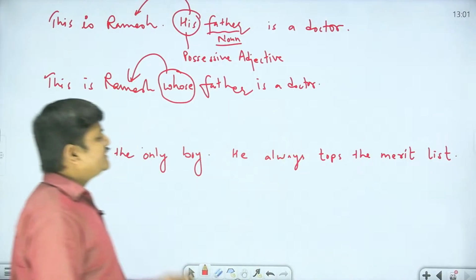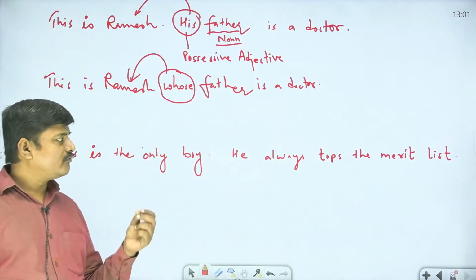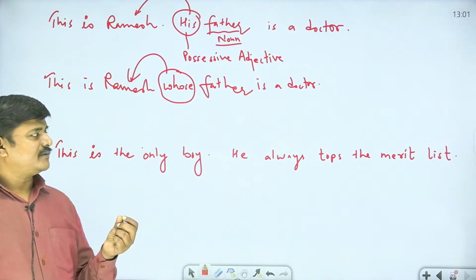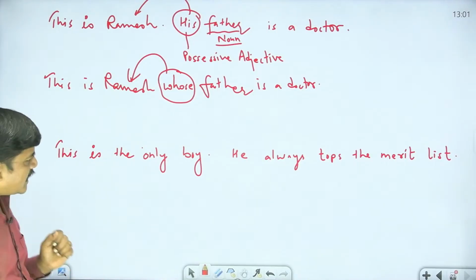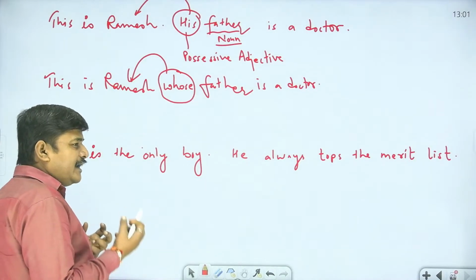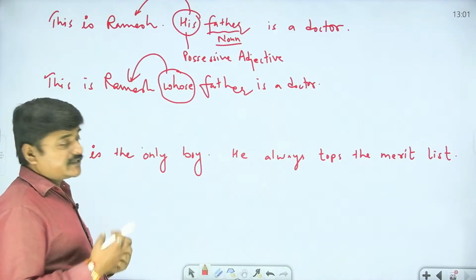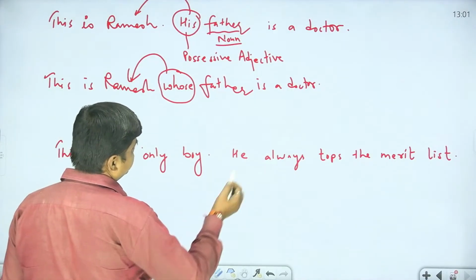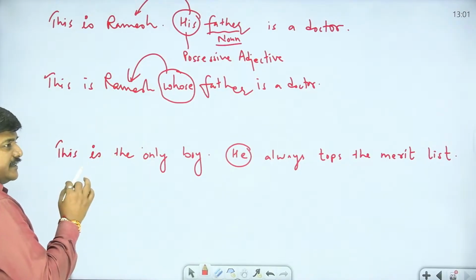Now look at these two sentences. This is the only boy. He always tops the merit list. Now there are two sentences, and which word is just creating a link between these two sentences? Now you will say that he is creating a link between these two sentences.